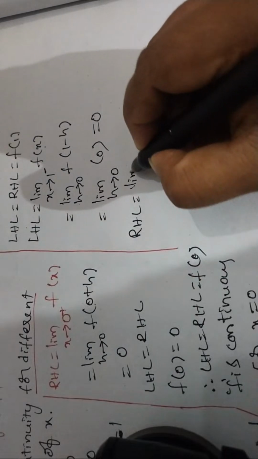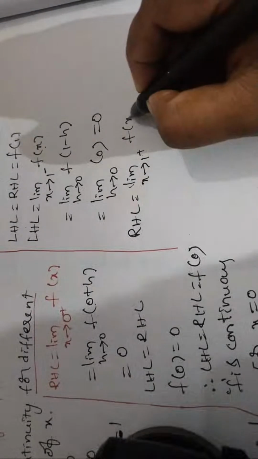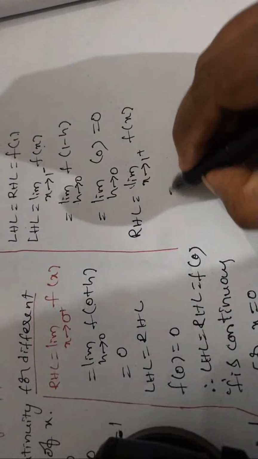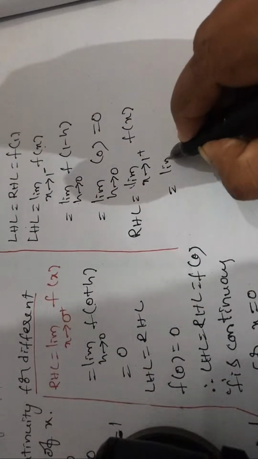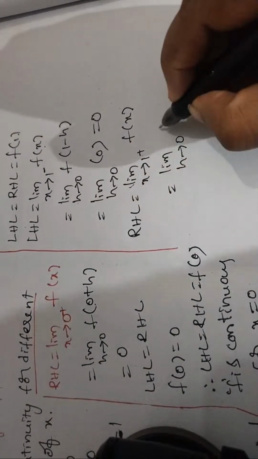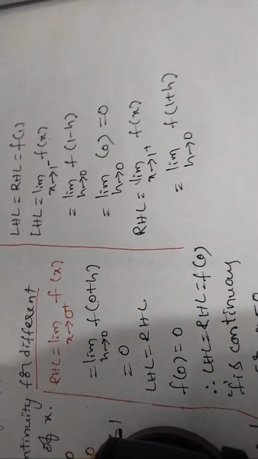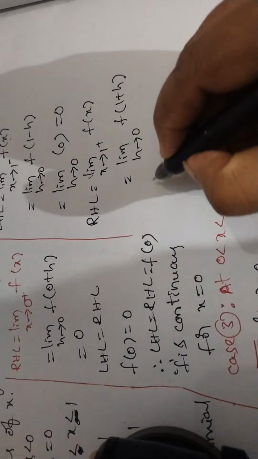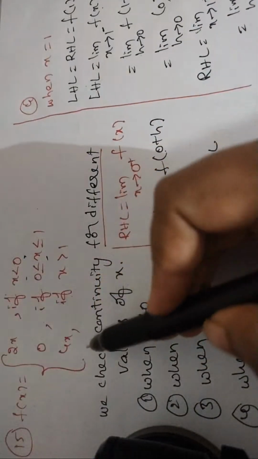RHL is the limit as x tends to 1 plus of f of x. Now I will replace this, with h tends to 0, f of x replaced by f of 1 plus h. Now, greater than 1, what is the function? Greater than 1, the function is 4x.